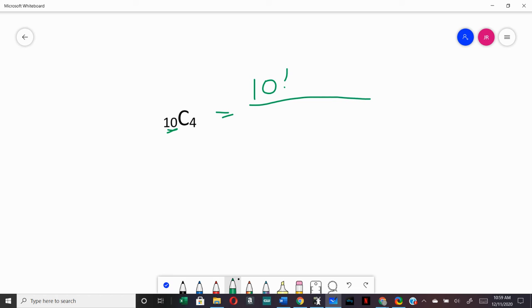But when we do our division, this is where it changes. We're still going to do that 4 factorial, but we have to add a part that cancels out all those repeated things that are just in different orders. And we're going to do 10 minus 4 factorial. So this boils down to 10 factorial over 4 factorial times 6 factorial.